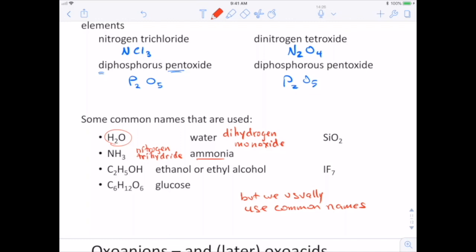Often we'll also use the organic names, and you would learn this if you went on to study organic chemistry, like ethanol or ethyl alcohol. And then here's a common name for a much larger carbohydrate that we all know and love called glucose. So for the common names, there's no other way to know them except to have them memorized, or look them up in a table, or have them provided to you.